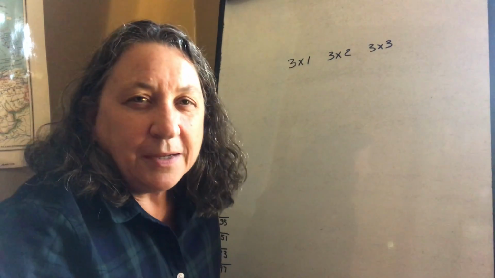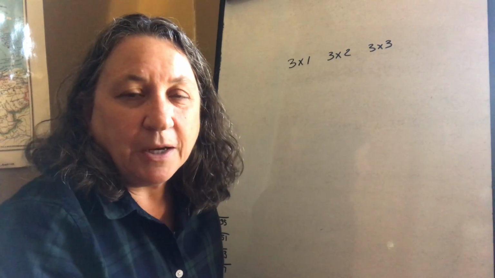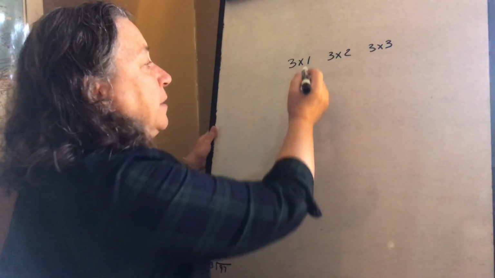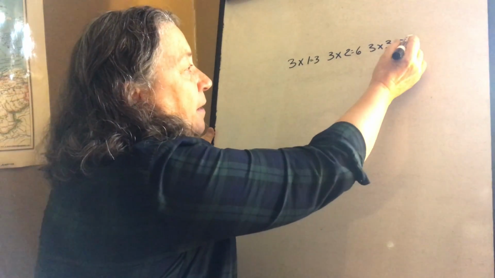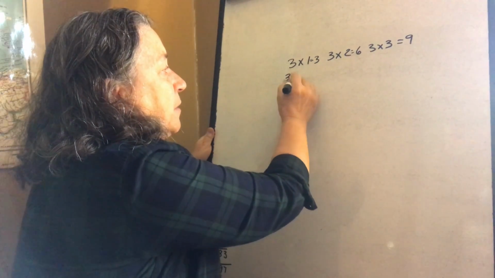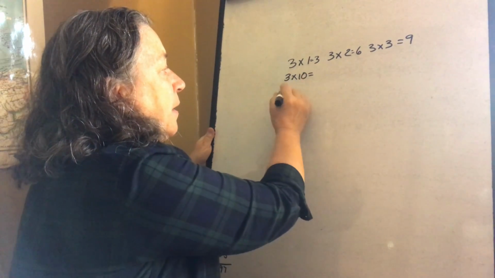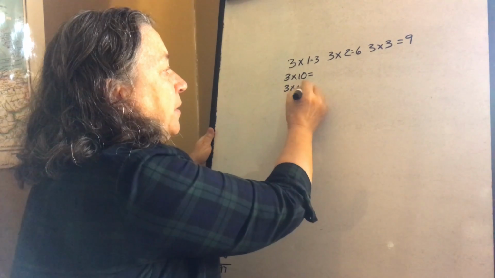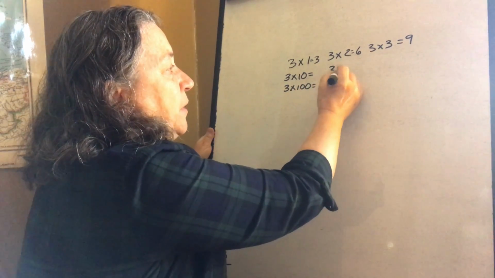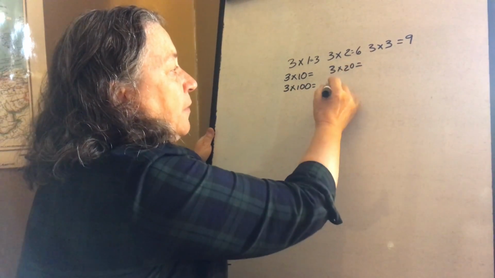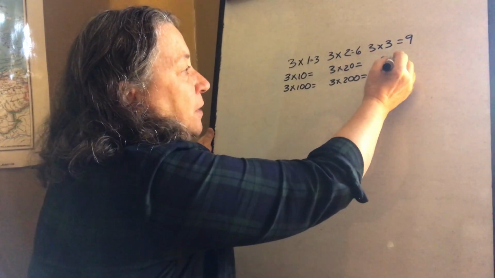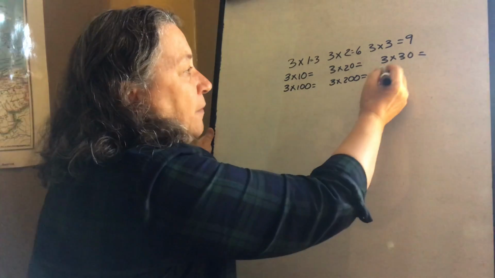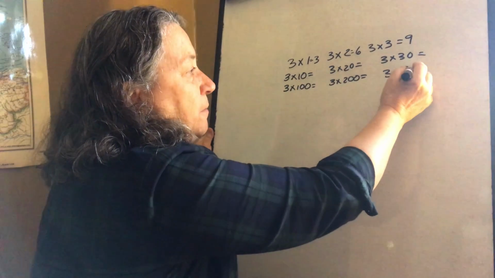So the thing is, if you know 3 times 1, 3 times 2, and 3 times 3 is 3, 6, and 9, then you also know the answer to 3 times 10 and the answer to 3 times 100, the answer to 3 times 20, and the answer to 3 times 200, the answer to 3 times 30, and the answer to 3 times 300.